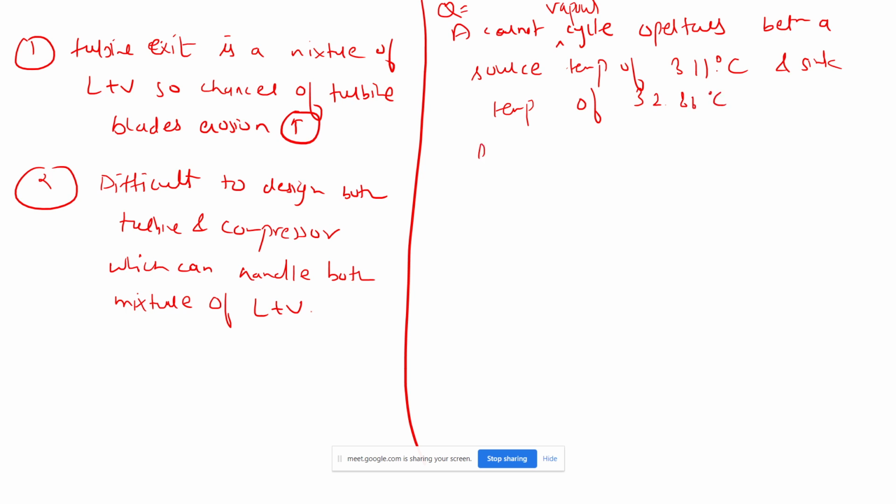We have to determine first the work ratio, second the specific steam consumption, third the efficiency.